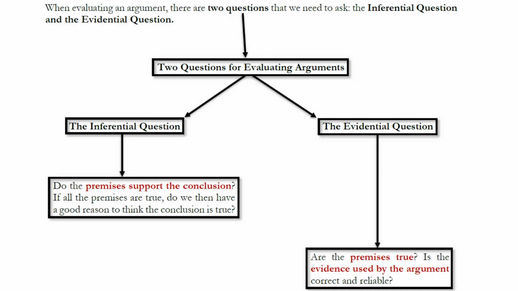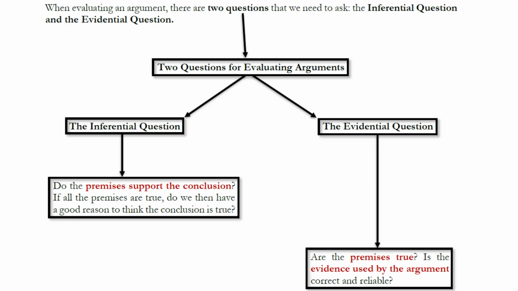Now, when does our concern turn toward whether the premises really are true? Well, our concern turns in this direction when we ask the evidential question, which, again, as suggested by its name, deals with the evidence used by the argument. Here we ask, are the premises true? Is the evidence used by the argument correct and reliable?